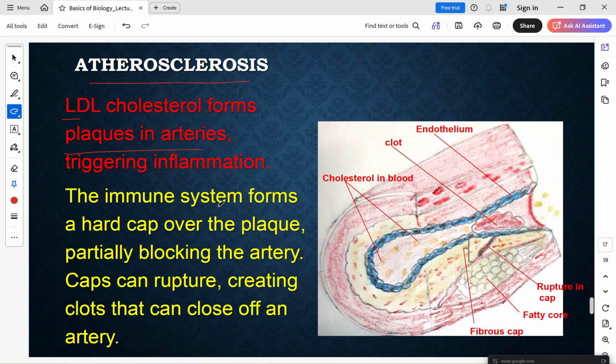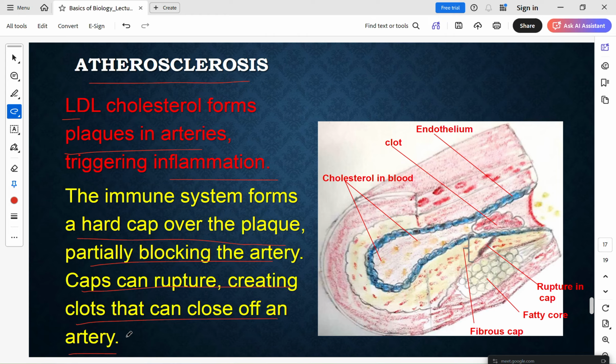These plaques trigger inflammation. If there is too much inflammation, then there is rupture of the plaque that is formed, and that mounts an immune response. The immune system forms a hard cap over the plaque, partially blocking the artery. When the caps rupture, they create clots that can close off arteries. So this has multiple problems. The first problem is inflammation.